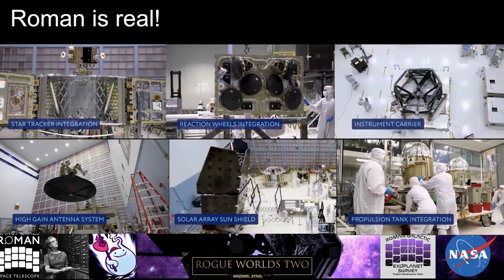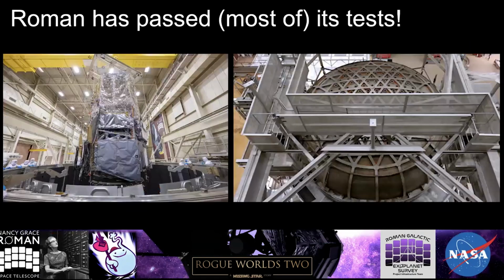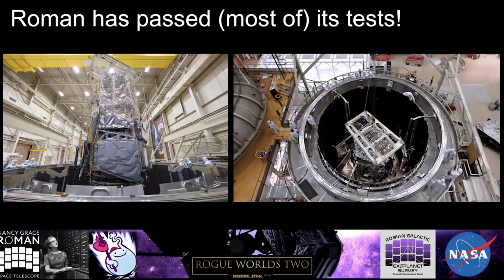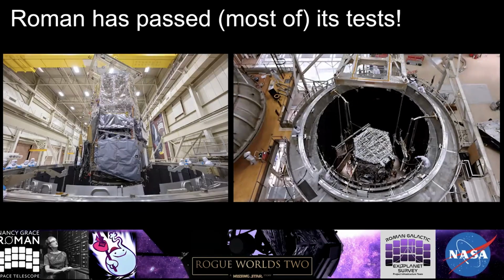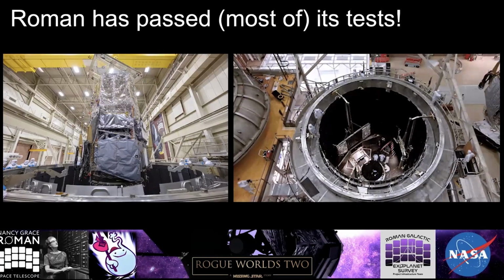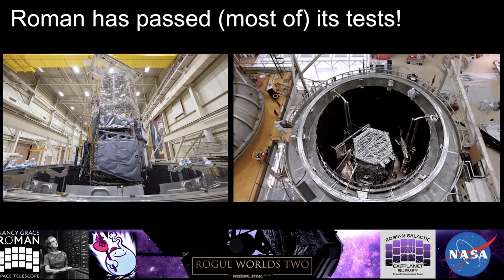Okay, so Roman is real. A lot of people sort of have not actually caught up to this. This is just some pictures of various pieces of Roman here that you can see at the Goddard High Bay. But more importantly than that, all these pieces are now together. This is a subset of the Roman telescope called the SCIPA, which contains the optical assembly and the instruments.